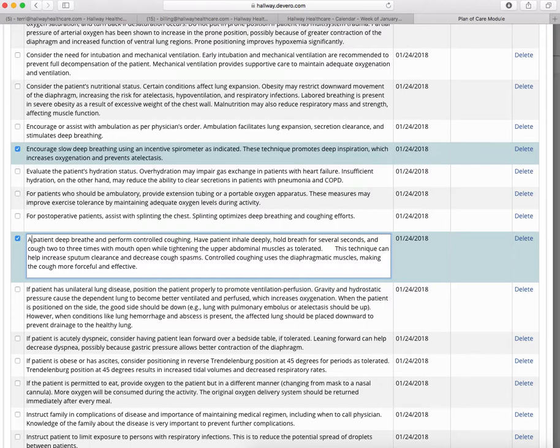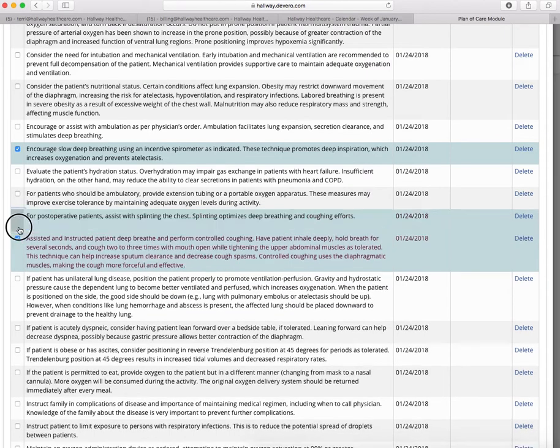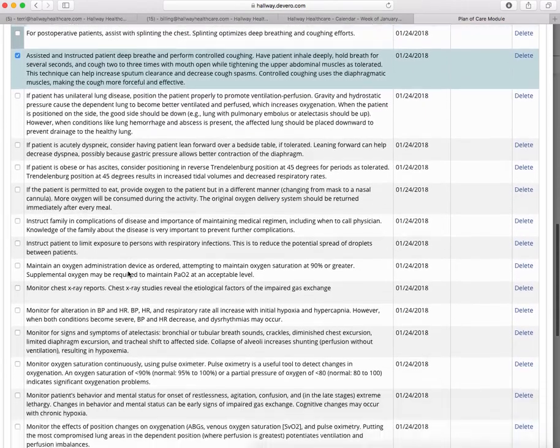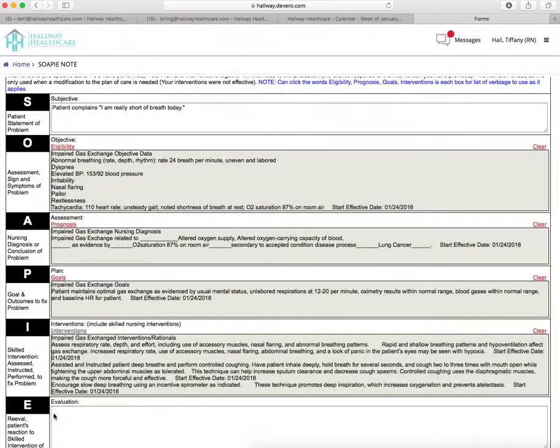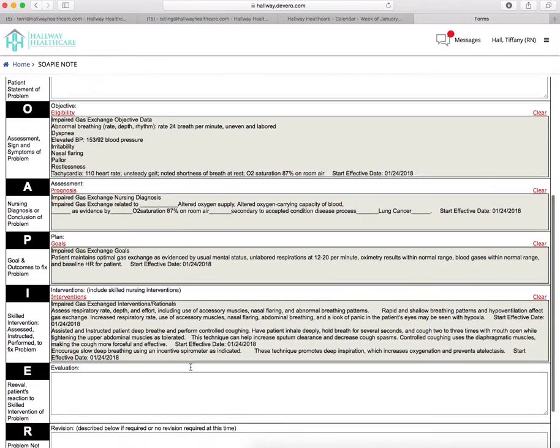I like to say assisted and instructed. And there you go. And to get out of that, you can just click anywhere else. And it accidentally selected a box for me. Okay. So those are the 3 interventions I chose. And then I say insert to form. All right, they're all there.